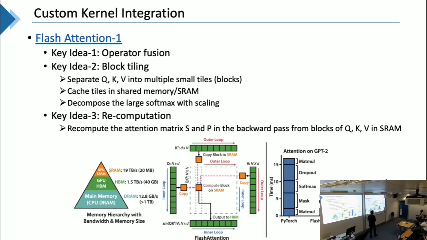Exactly. When you calculate the softmax, if you remember in our first lecture, I mentioned that softmax is applied row by row. Let's say you get this attention map and you separate it into multiple blocks. Let's say this is the first block, this is the second block.